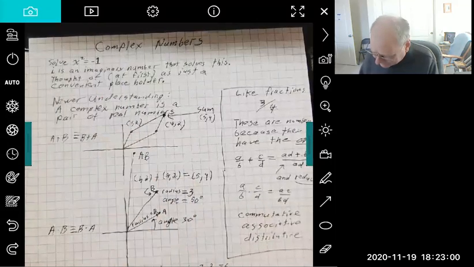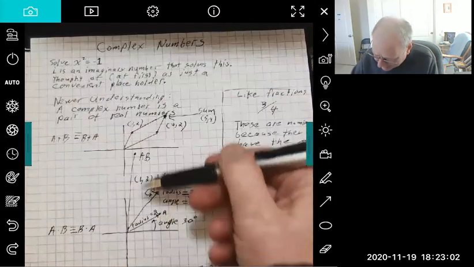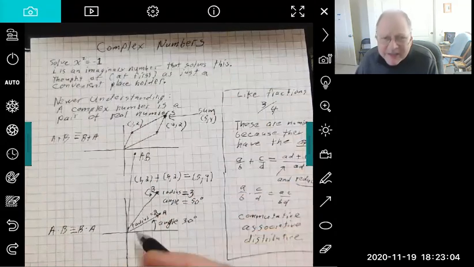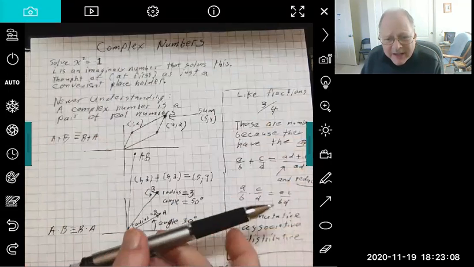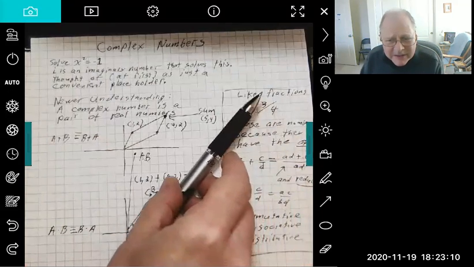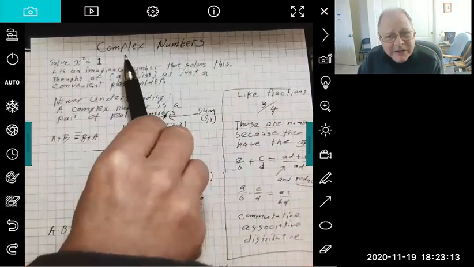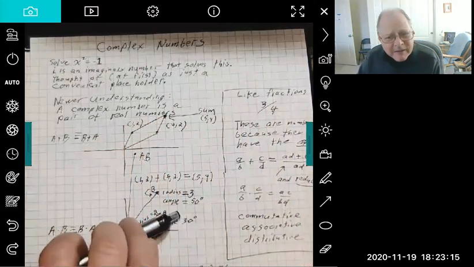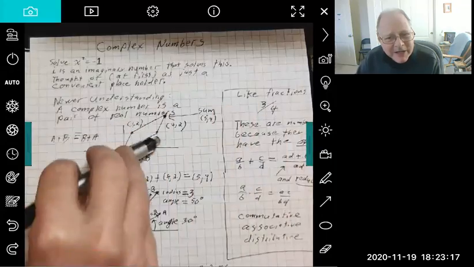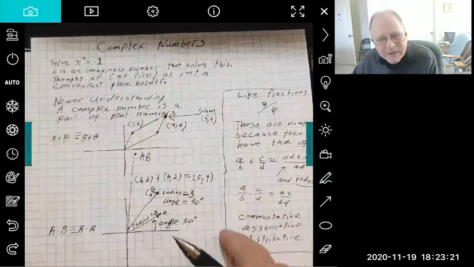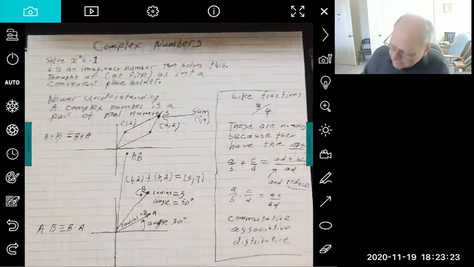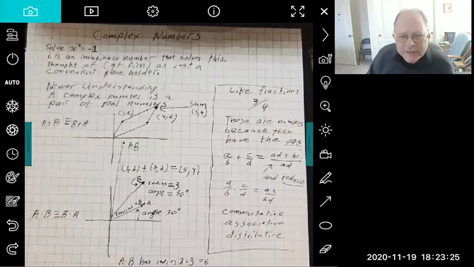Well, with the complex numbers, you've got the same kind of usefulness. They're used in physics and electrical engineering at least, but wherever you have this kind of rotational, cyclical behavior going on, they turn out to be useful.